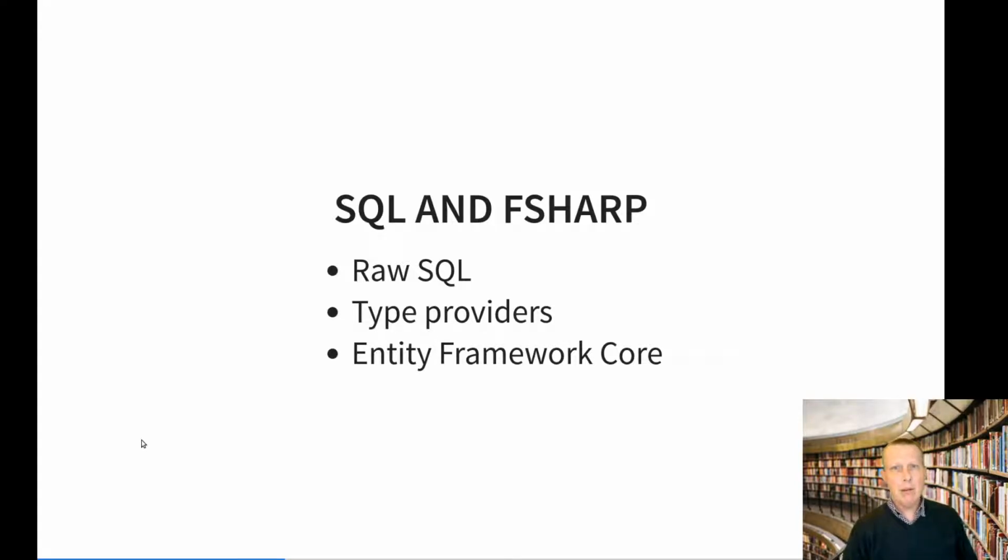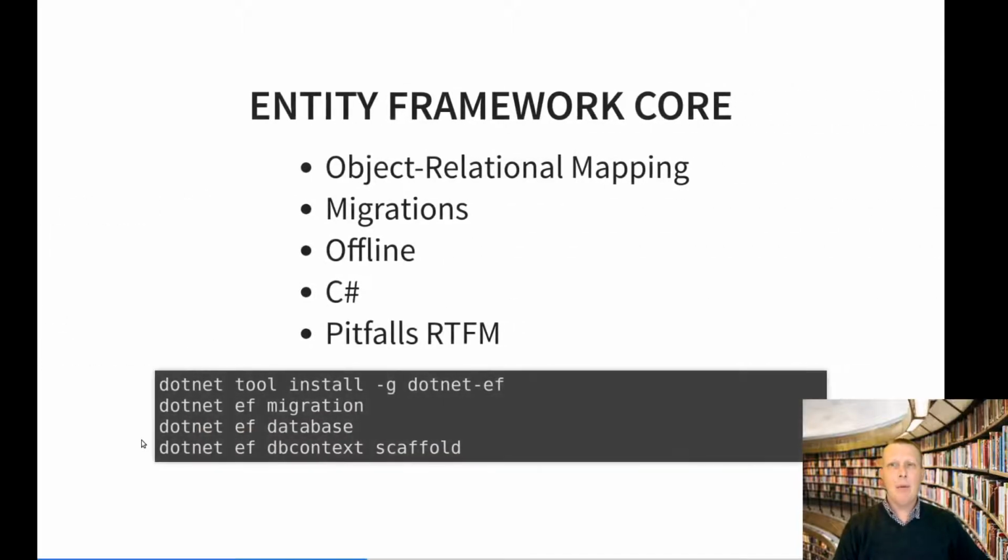And the third way to do things is using Entity Framework, and in particular Entity Framework Core, which integrates with .NET Core. And Entity Framework Core is a so-called object relational mapper, where you get an object-oriented interface on top of your database layer.